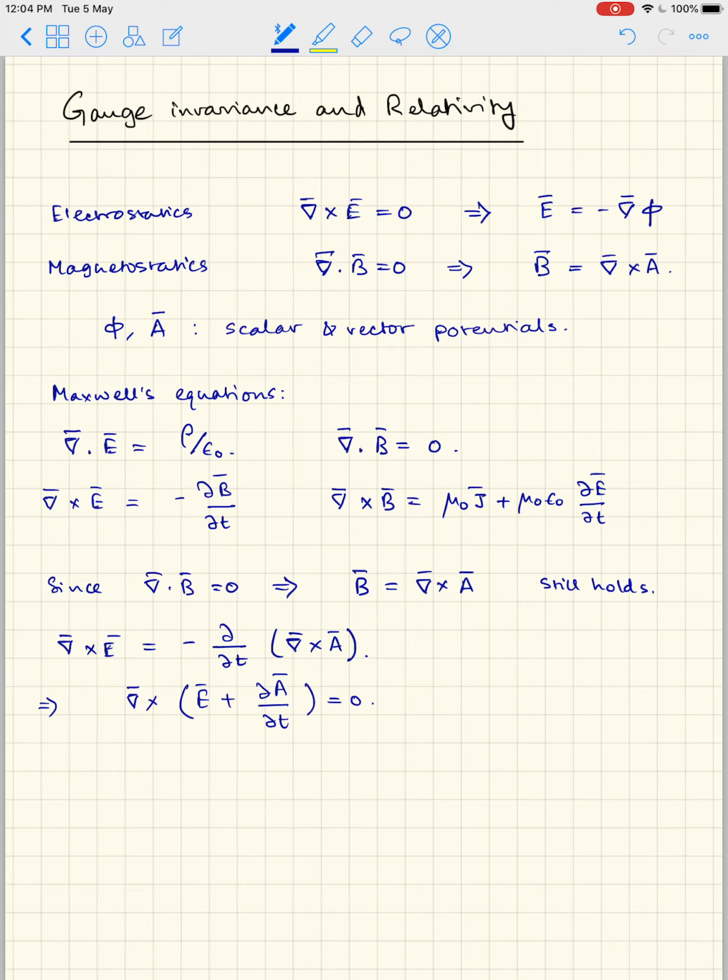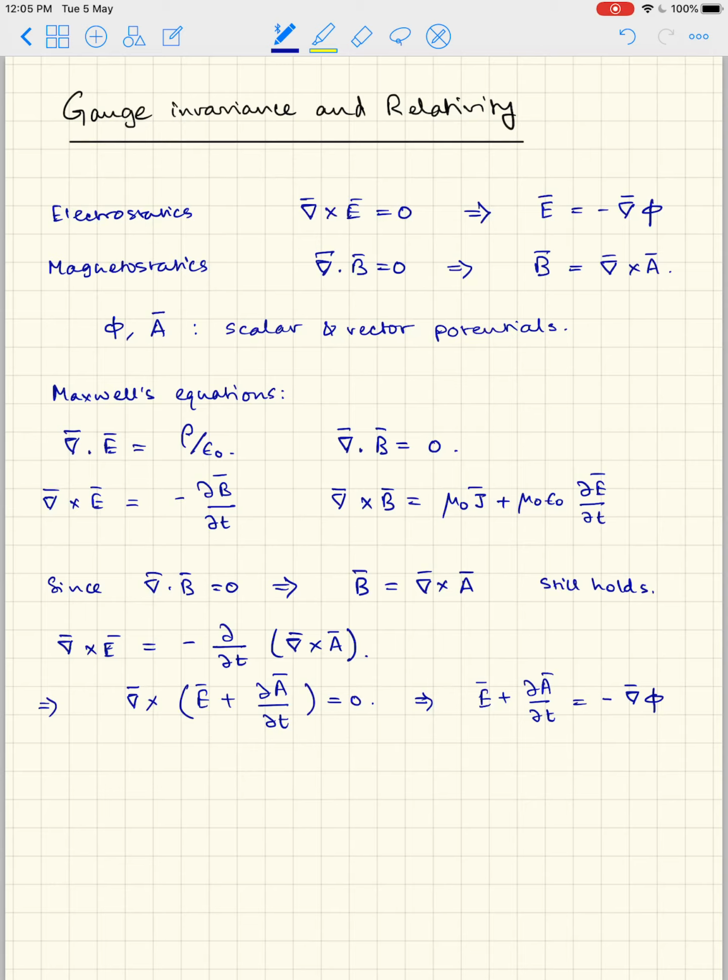So let's rephrase this. What do we have? We have E plus del A del t being equal to minus gradient of some phi. Okay.